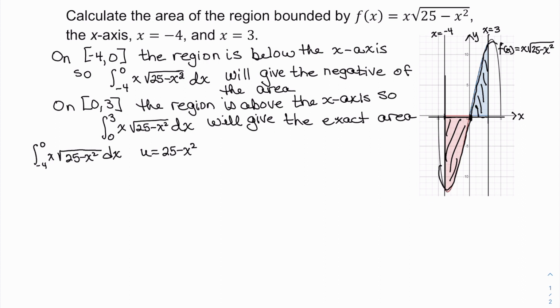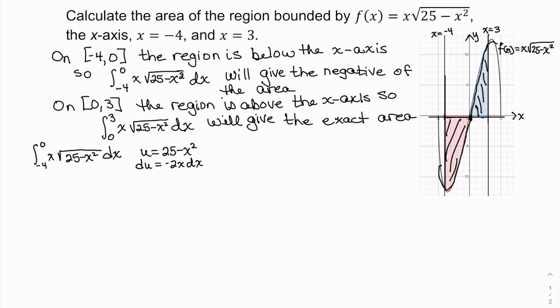Now we want to take the differential. The differential is du is equal to, and the derivative of 25 minus x squared is, well, the derivative of 25 is 0, the derivative of negative x squared is a negative 2x, and then our differential dx.